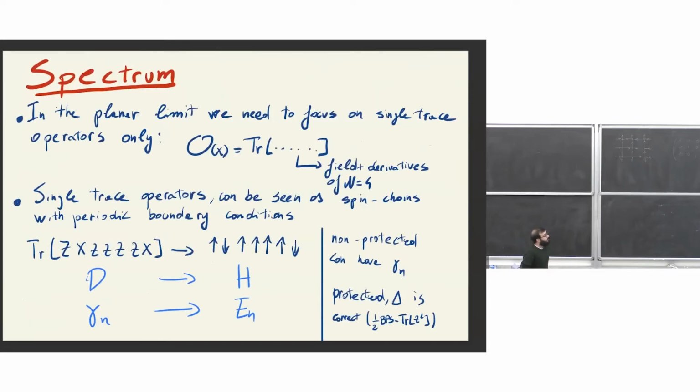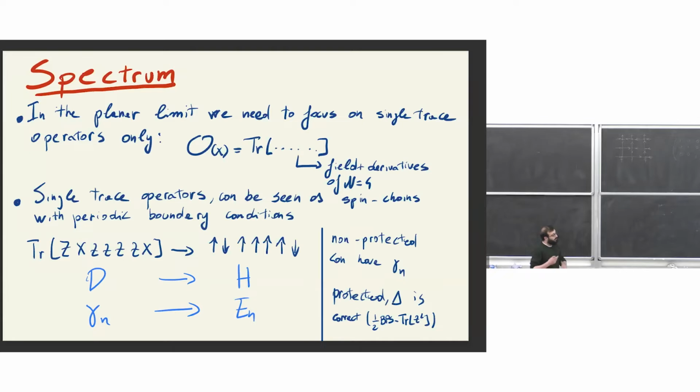And exactly what we care about in N=4, in this integrable limit, or in this planar limit, is only single trace operators. And why do we care only about single trace operators? Well, in gauge theory, whenever you have some sort of perturbative interaction, you need to dress your diagram by some SU(N) matrices.